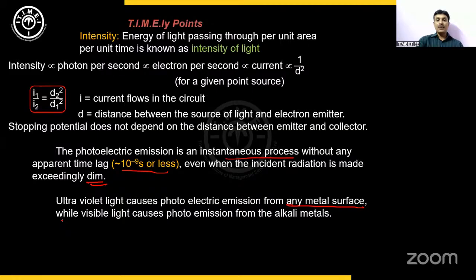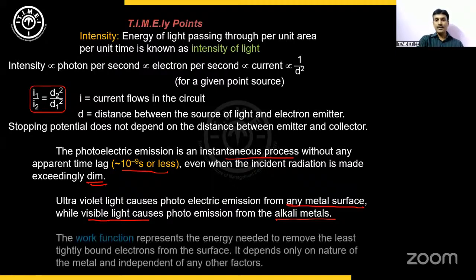But visible light, within the range from violet to red, causes photoemission only from alkali metals. Note that difference. Make a note of this point in your notes. UV light can cause the photoelectric effect from any metal surface, but visible light can release electrons from alkali metals only.